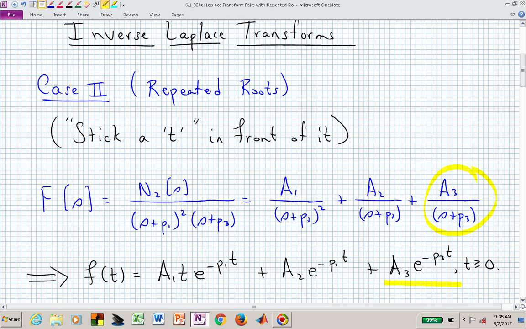A sub 2 looks very similar in terms of its partial fraction expansion term, and in fact it is. It's now a sub 2 e to the minus p1 t.